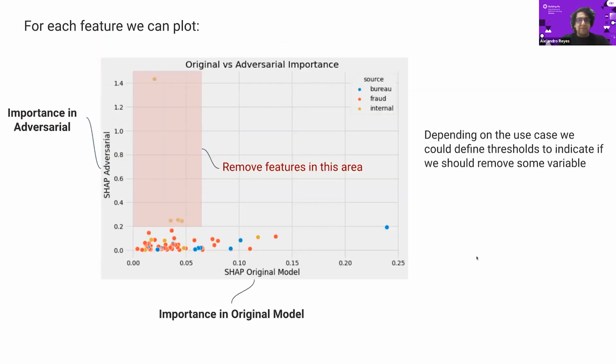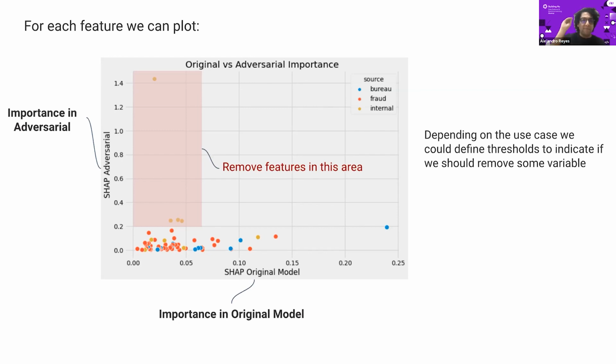The last, yes. So depending on the use case, we could define different thresholds to indicate if we should remove some variables. For example, here we can define the red area, and all of the features that are here should be removed, right? So this way, it's great because we can create an iterative methodology, right?